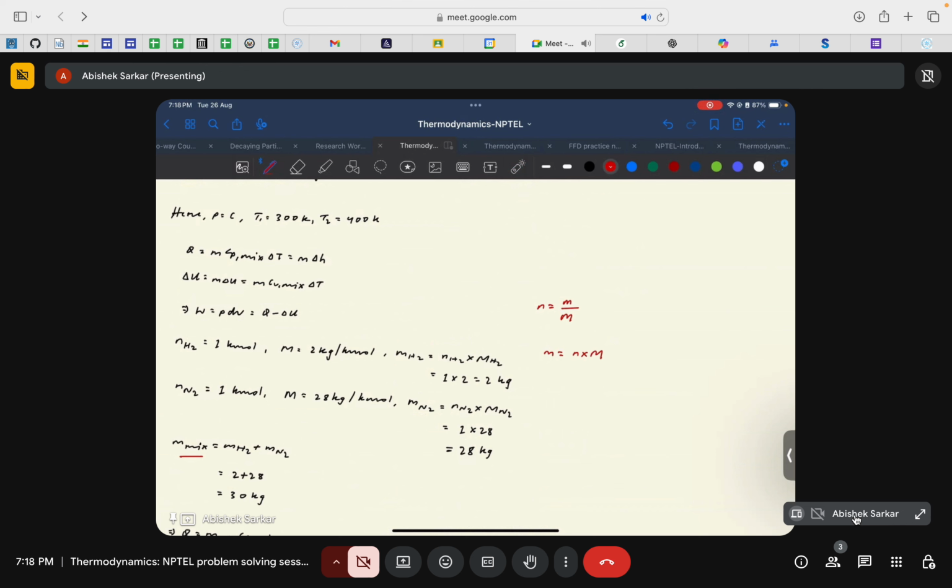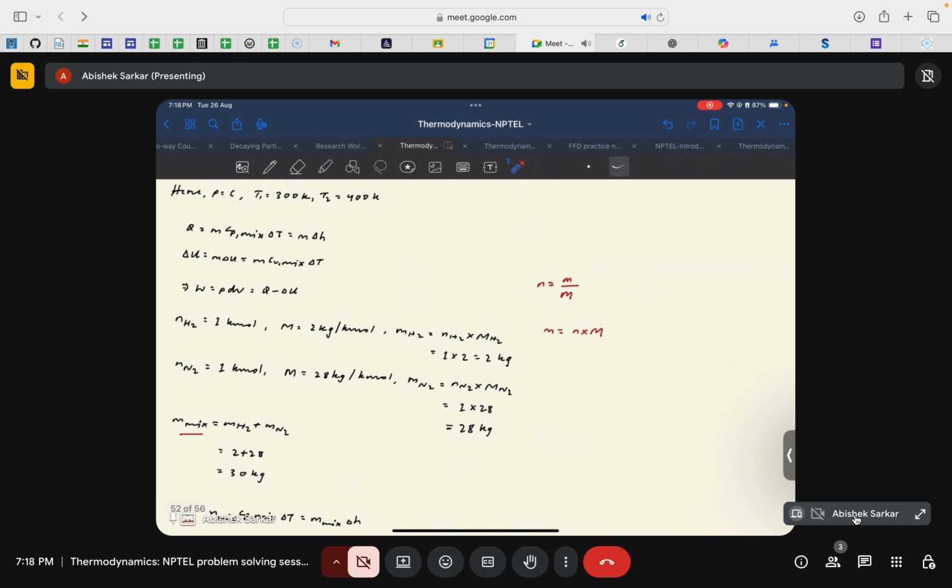Using that identity, mH2 is 1 kilomole times 2, so mH2 is 2 kg. Similarly, the mass of nitrogen is nN2 times its molecular weight, so 1 kilomole times 28, or 28 kg. So the total mass of the mixture, mH2 plus mN2, is 30 kg.